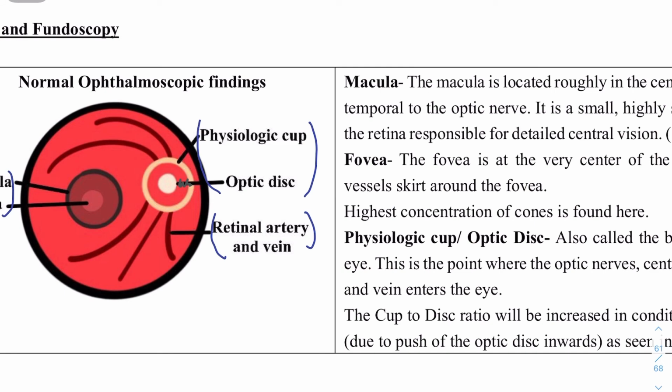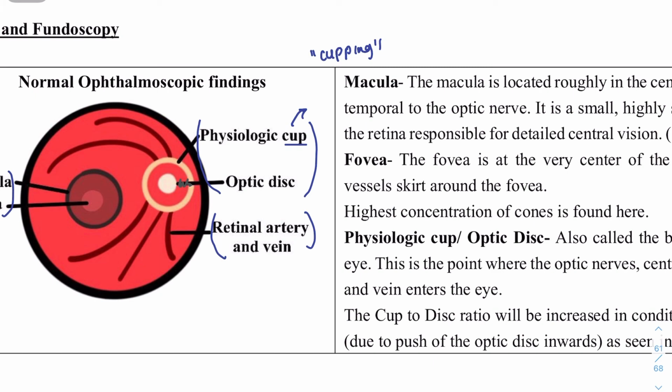Now this optic cup is essential in the diagnosis of glaucoma. Glaucoma is a condition in which there's going to be a condition called cupping, in which this diameter will increase. So this diameter will increase, and that condition is called cupping. That is diagnostic of glaucoma.